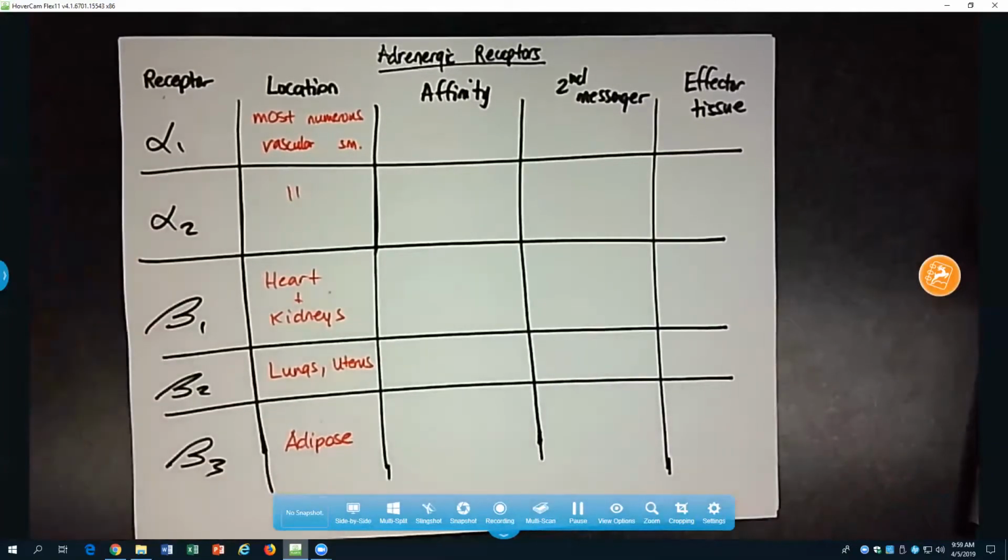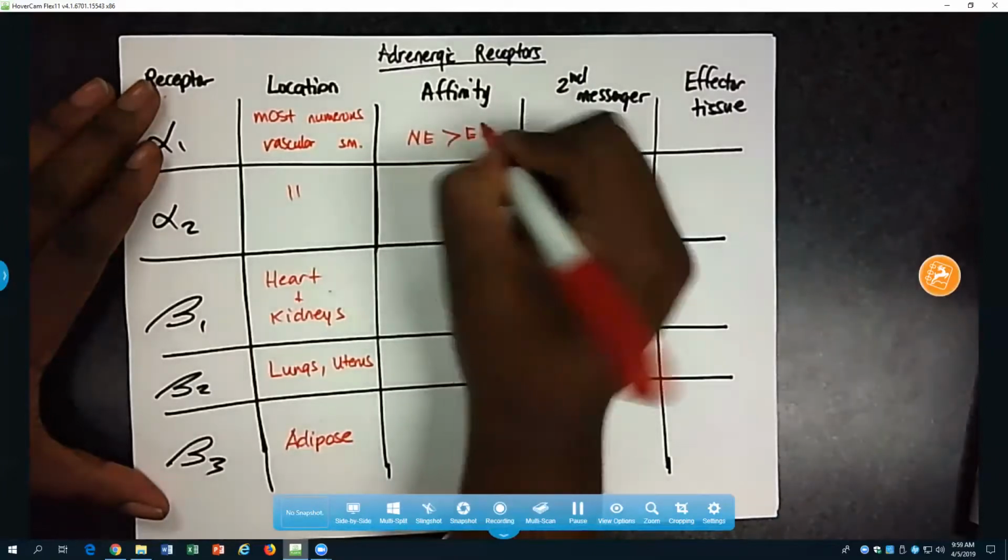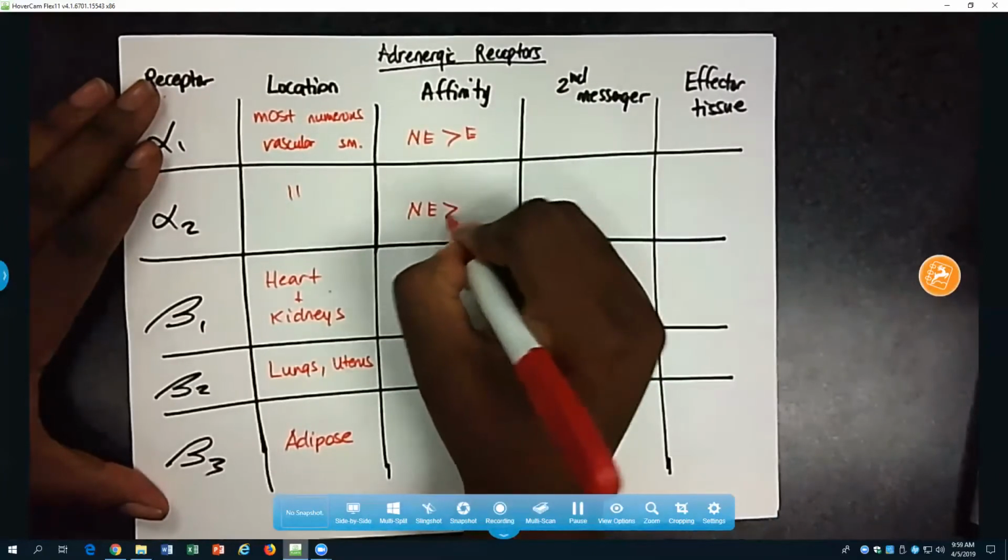So we know they have differing affinities for norepinephrine versus epinephrine. So alpha-1 receptors and alpha-2 receptors prefer what neurotransmitter? Norepinephrine. Both of these prefer norepinephrine over epinephrine.